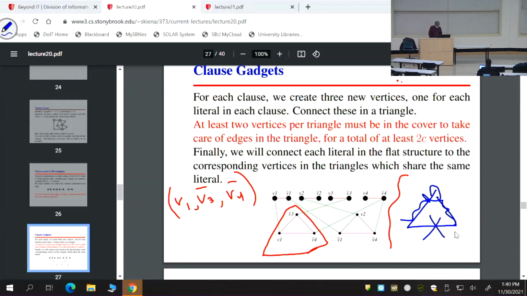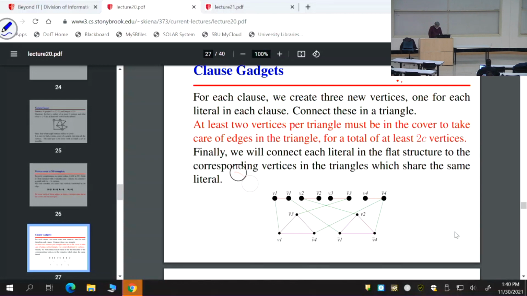So I'm going to claim that if I just build a graph which has a total of 2n vertices and 3c vertices, okay, 3 times the number of clauses. Forget about these connections between them.